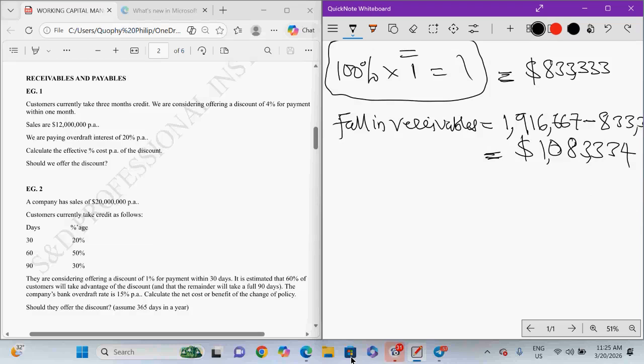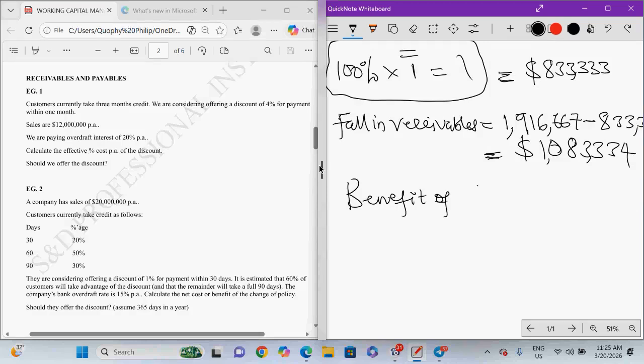Okay, so now let's move on to the benefits of using the factoring. We've already looked at the cost, then we look at the analysis of the current receivable without the factor, and then we look at with the factor. Now let's come to the benefit, and that will be the last thing.